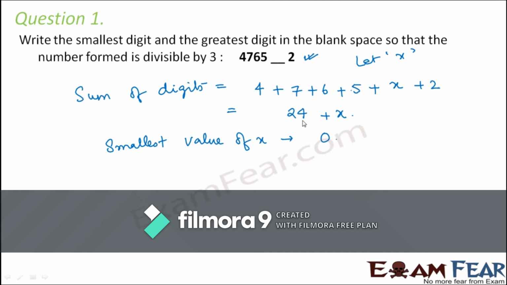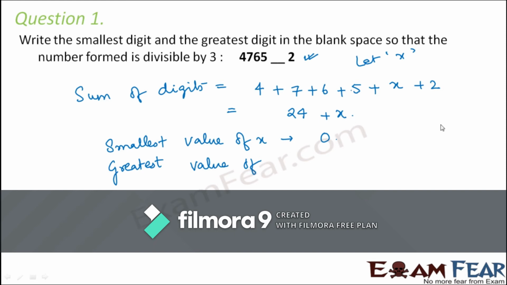And what is the greatest value that x can take? Now x is a digit, so x can only be a single digit number. So what is the greatest value of a single digit number that x can take? Now think about it, because it has to be divisible by 3. Now 24 is divisible by 3.